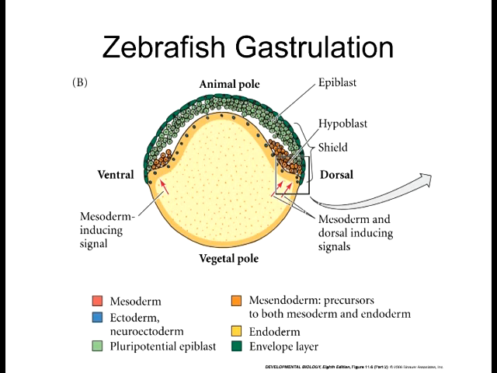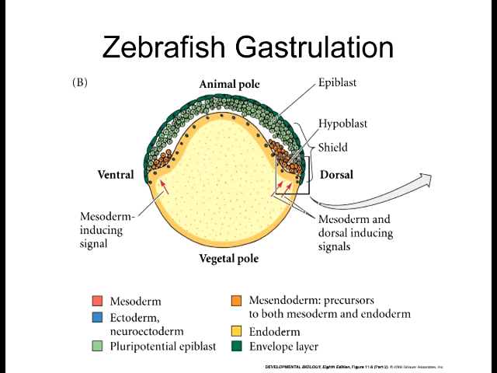There is a difference here in the gastrulation movements in terms of what becomes what in the germ layers. What I mean by that is I told you in human and in chick gastrulation, the hypoblast, which is the sheet of cells that forms underneath the epiblast, doesn't become any of the germ layers. Well, that's different in the zebrafish.